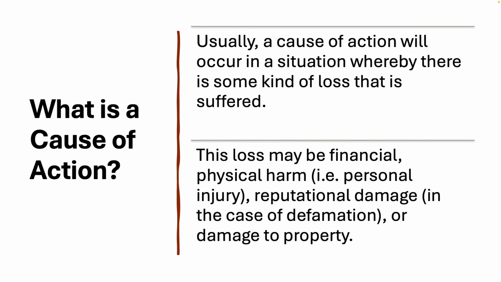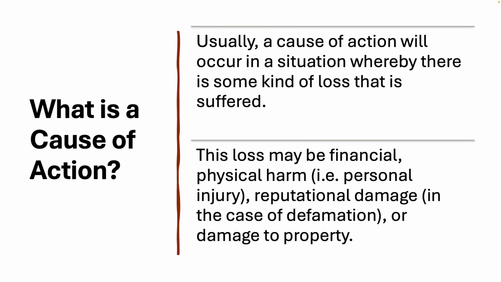And usually, a cause of action will occur in a situation whereby there is some kind of loss suffered. The loss might be financial. It could be physical harm, like personal injury. It could even be reputational damage in the case of defamation, which of course has to be illustrative of some kind of clear damage, some kind of loss.